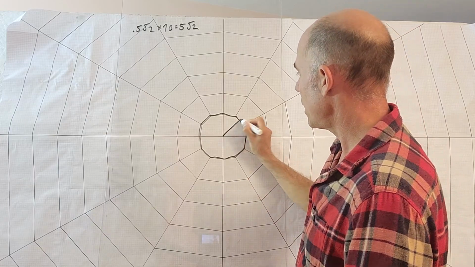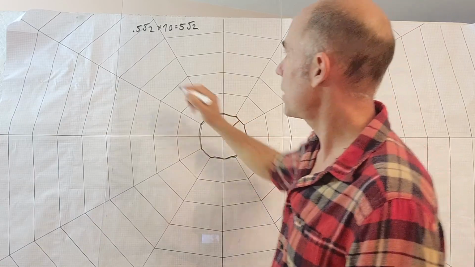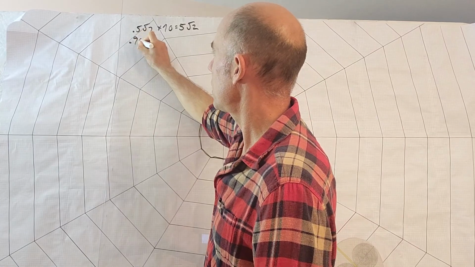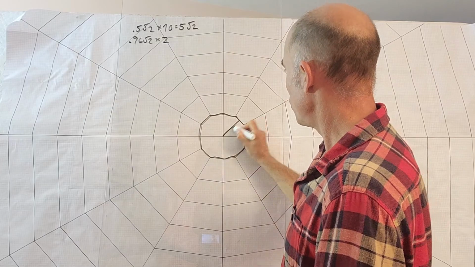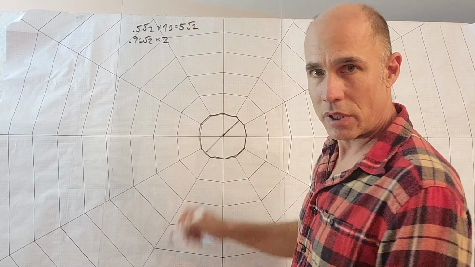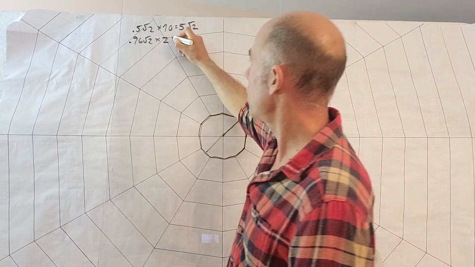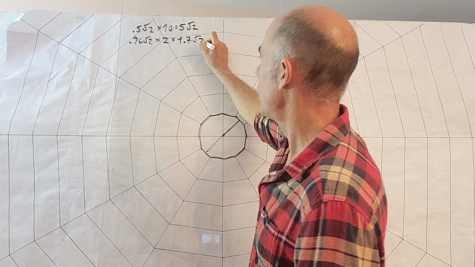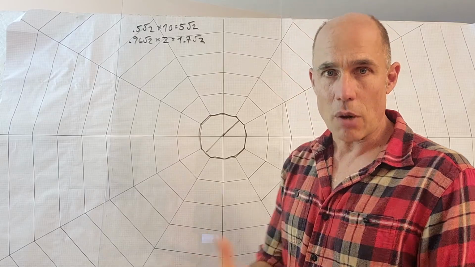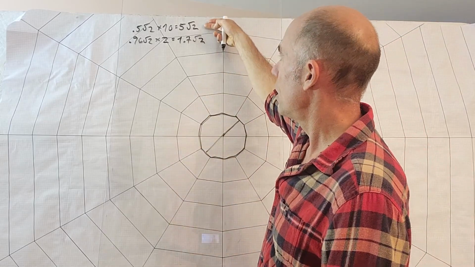And then this length here was 0.96 root 2. And of course, we're multiplying that by 2, 1, 2, to give us the complete diameter of the dodecagon, which results in the length of 1.7 root 2. So now we have the option of doing this equation in two ways.